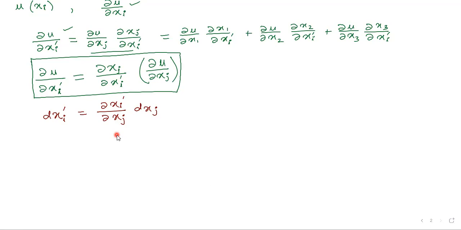For Cartesian vectors, these two are the same, but for general vectors, these two are not the same. So from this comes the definition of covariant vector and contravariant vector. I'll discuss covariant and contravariant vectors in our next class. So let me pause the recording here.